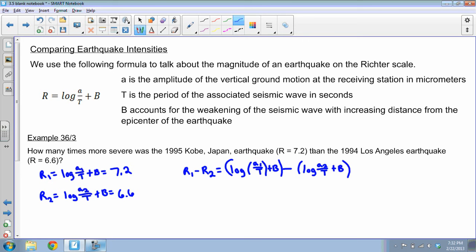Let's go ahead and put in R1 and R2. That's 7.2 minus 6.6.